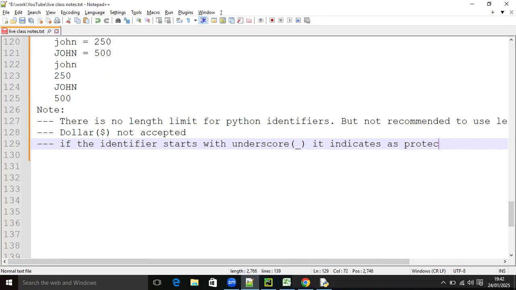In an upcoming session I am going to tell about this protected and private. For now I'm just writing the lines to understand, but I will give a brief idea about protected and private in an upcoming session. If we tell about it now, you may not understand.